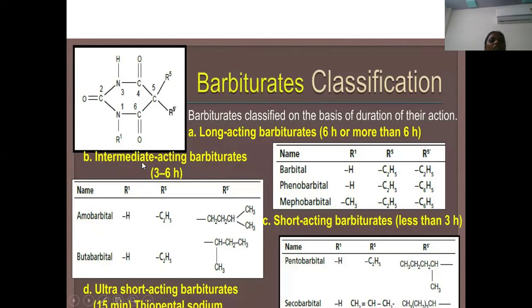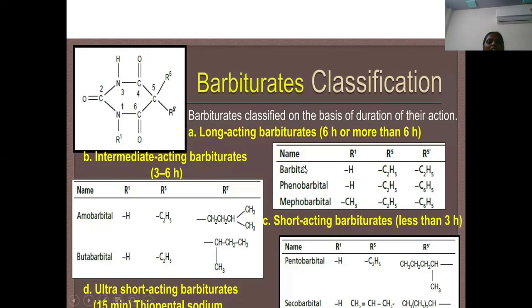That's why they are considered intermediate-acting. Short-acting barbiturates have a duration of less than 3 hours. Ultra-short-acting barbiturates have a duration of about 15 minutes. So these are all the types of barbiturates.